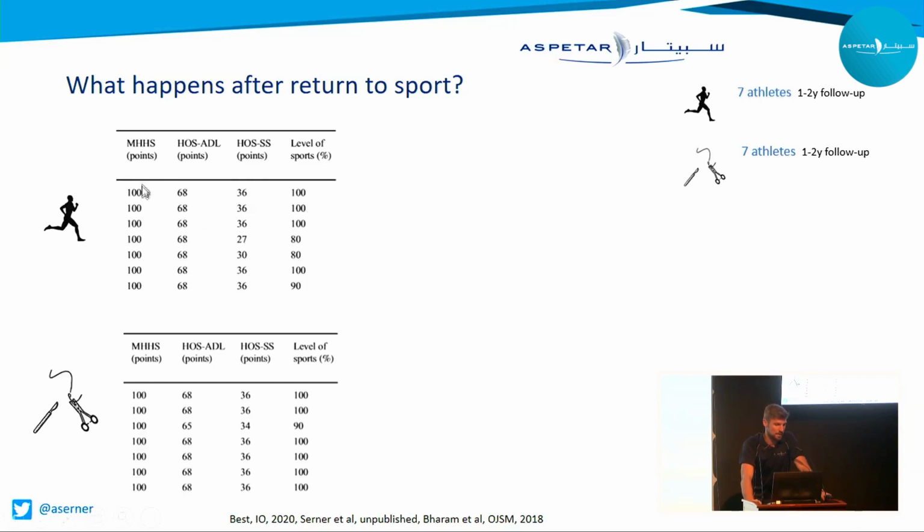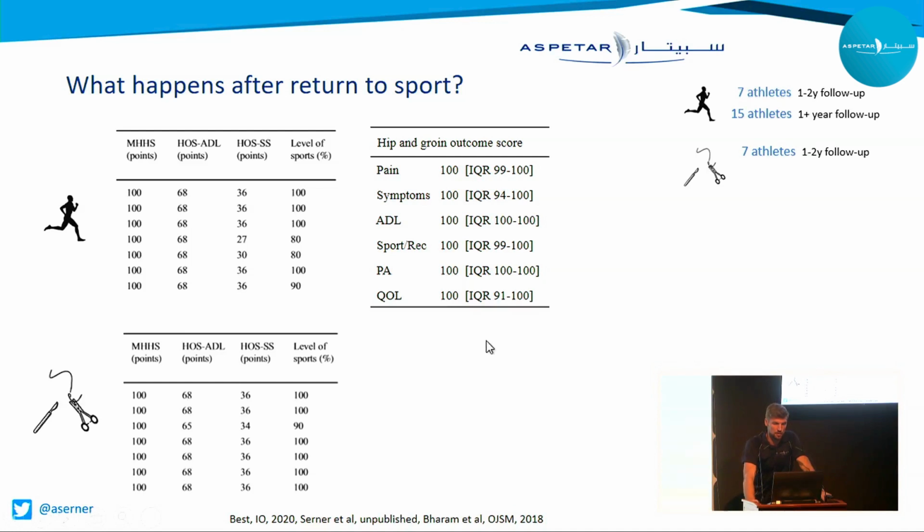We can see these are all individual players, but maximum scores here, 68, and 36 here is the maximum score. So in both groups, they're doing really, really well, and there was no difference between the two groups.